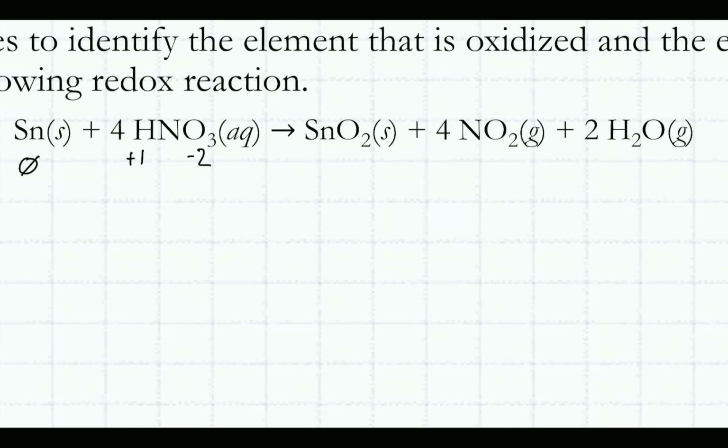Nitrogen, so this is +1, say +x, plus -6, because there's 3 of those. That has to equal 0. So really it's x plus -5 equals 0. So nitrogen has to be +5.